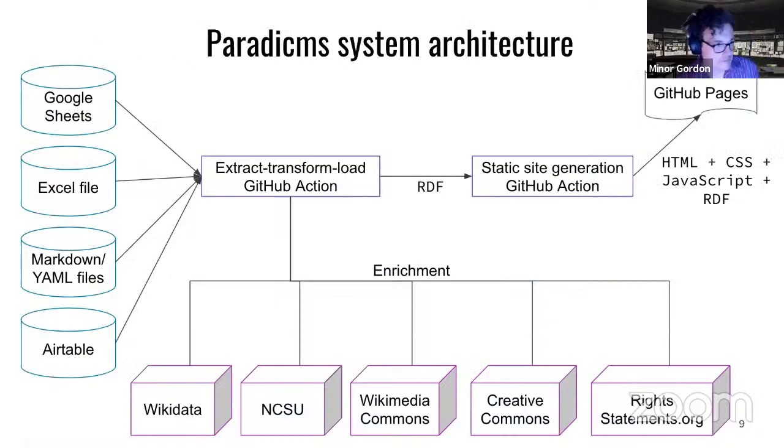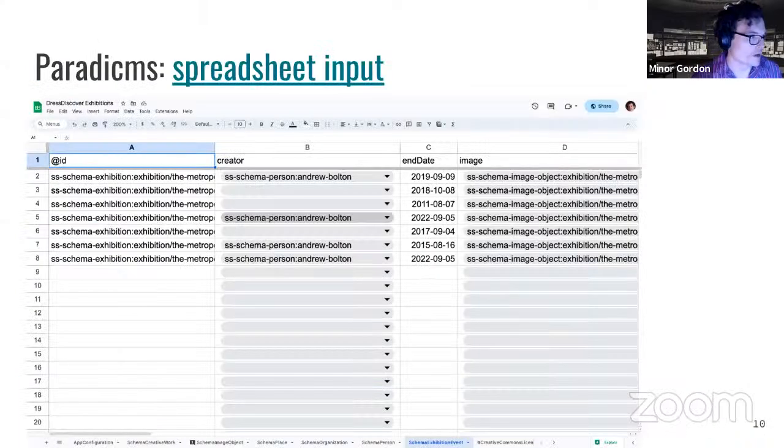So what do these inputs look like? The idea here is that a small GLAM institution is not necessarily going to have access to triple stores, server machinery, and so on. So we'd like to make the inputs simple while also avoiding lock-in. What we have here is a standard Google Sheet, and you probably recognize that as JSON-LD.